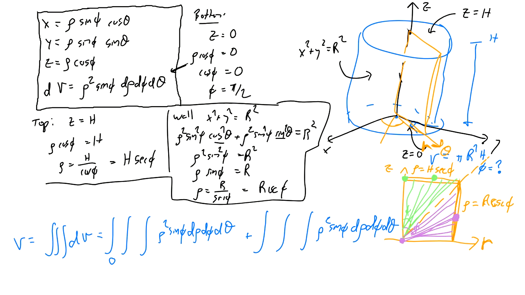On both parts, theta is going from 0 to 2 pi. Now on the top part, the green part, phi is starting at 0 and it's stopping at the mystery angle. And on that portion, we start out at rho equals 0 and we stop at rho equals h secant phi.